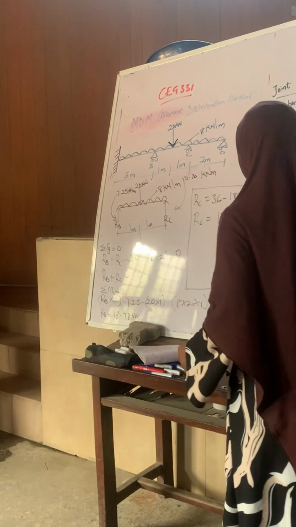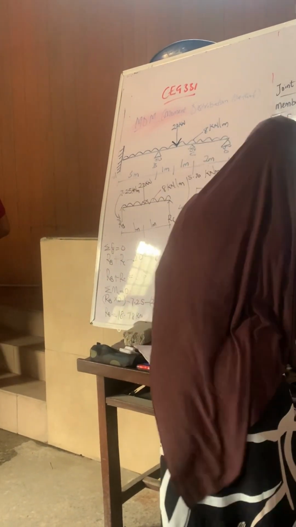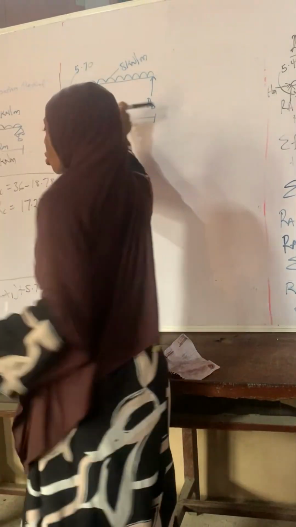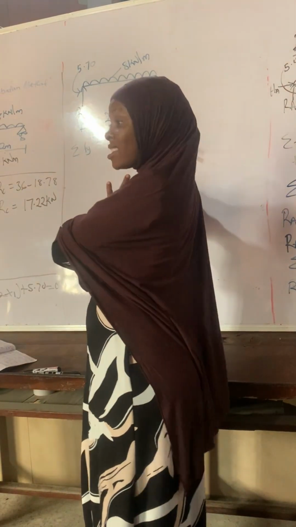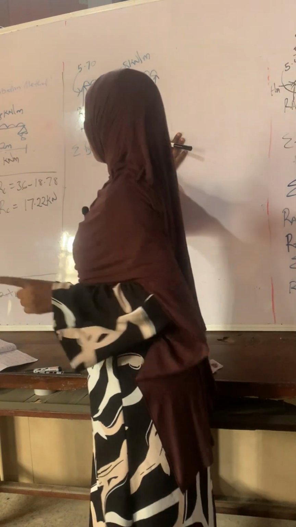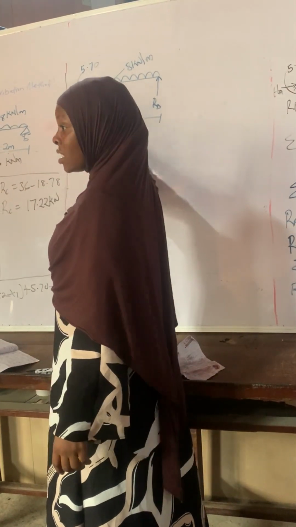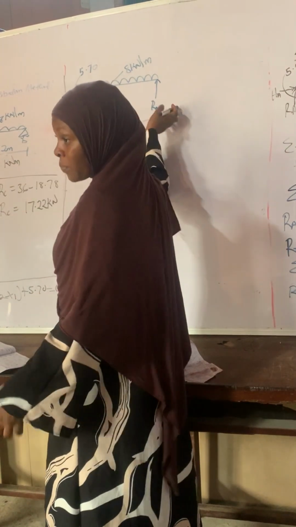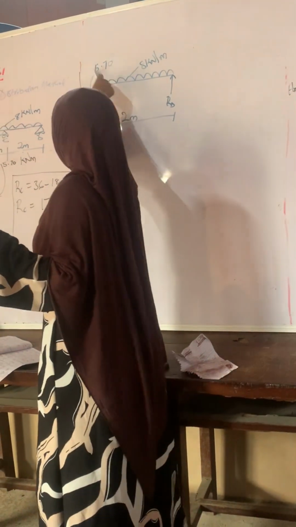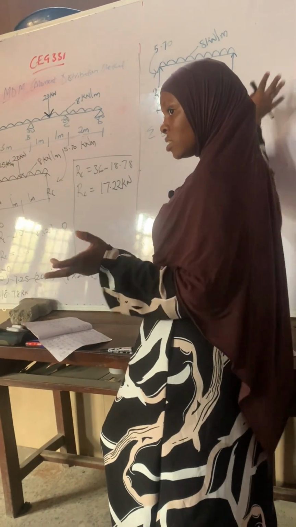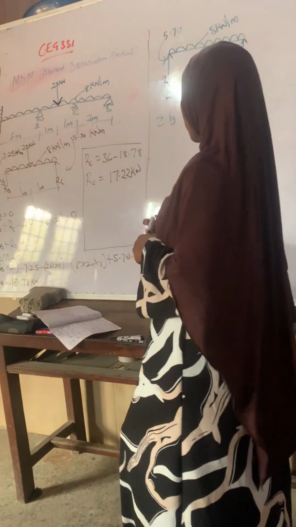So let us do the last span, CD. What is our moment at C, our final moment for CD, minus 5.7, right? That's why we have this anti-clockwise arrow with 5.7. Then at D we had 0, so we don't need to put anything there.